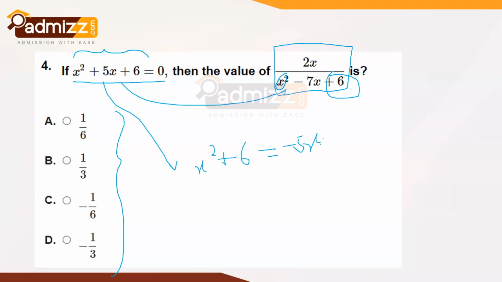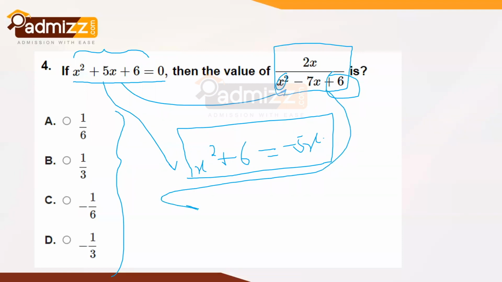With this equation established, in this particular fraction we can do 2x over, x squared plus 6 can be replaced with minus 5x, minus 7x, because that's remaining here. And so this can be rewritten as 2x over minus 12x.